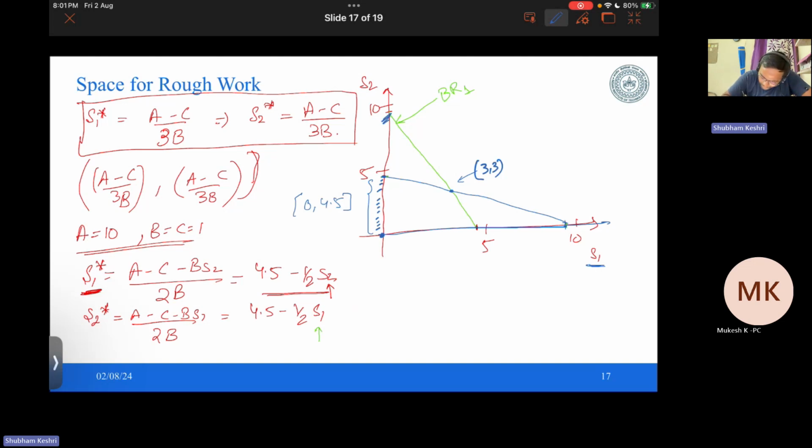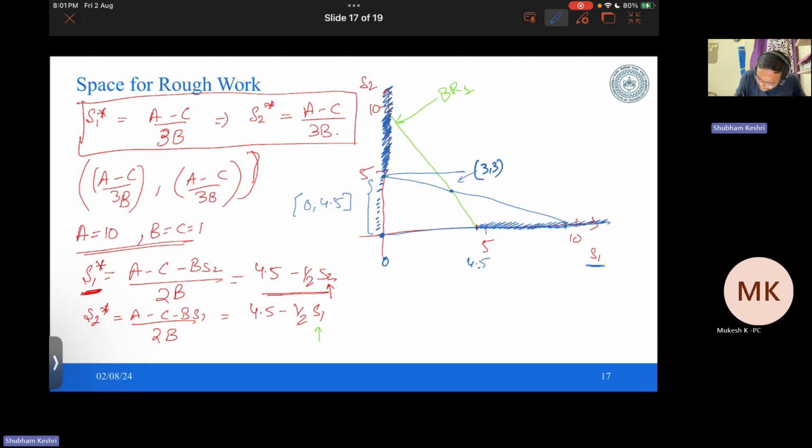Therefore, this area is a dominated strategy of player 2, dominated by this part, 0 to 4.5. Any strategy above 4.5 is dominated by this strategy. Similarly, for player 1 also, this is a dominated strategy. So he will only play values from 0 to 4.5. No other value he will play. Is this clear? So this area is the one which is under play.